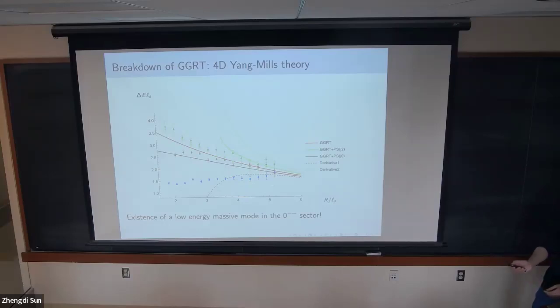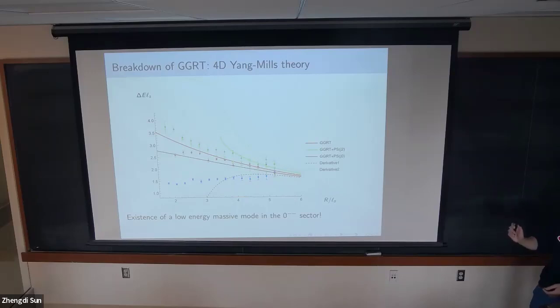And here I show you the spectrum where I have subtracted the ground state energy. So we see that these blue dots are almost horizontal, which is characteristic of a massive particle. And later we see that it's definitely the case.